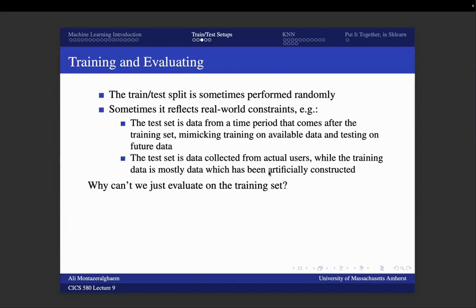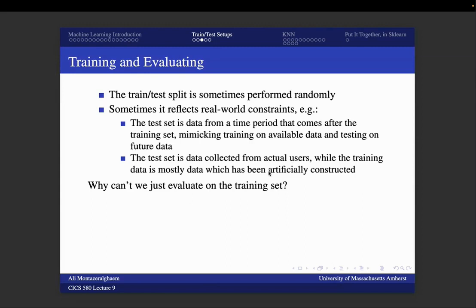So if you are evaluating your system, you need to have separate data that we didn't see in the training process. This is also kind of similar to training, for example, an agent or something like this.